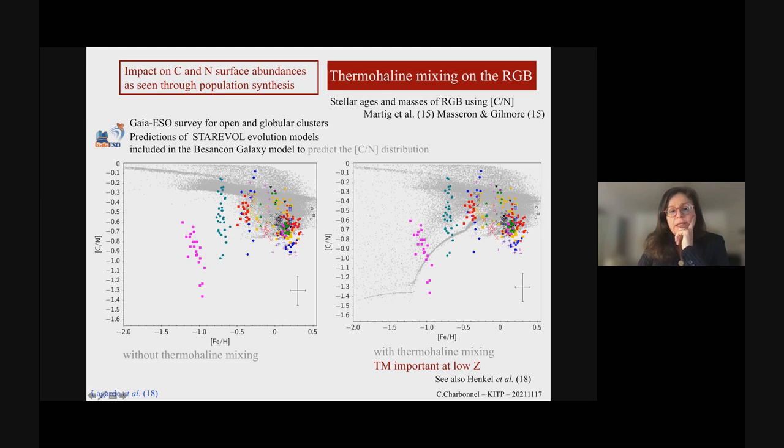And in gray, you have the model prediction for the population synthesis. This is done with the Besançon galaxy model, which is able to make a snapshot of part of the galaxy that you are observing. And it takes into account the IMF and age-metallicity relations, so you can predict how the stars would look if you look in a very precise direction, or in a different field.